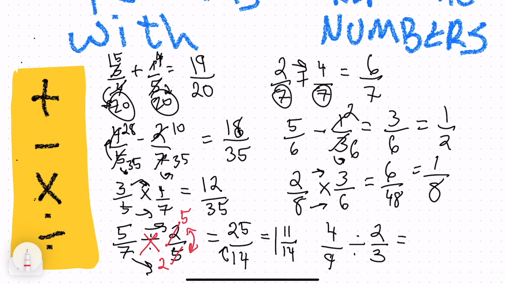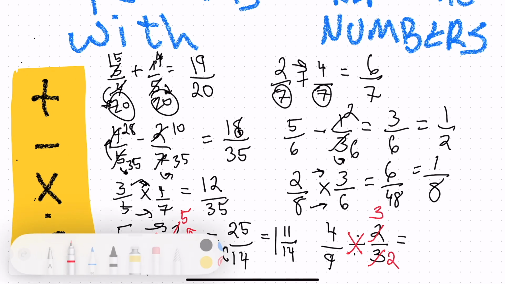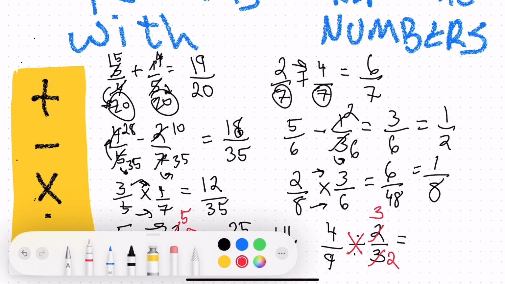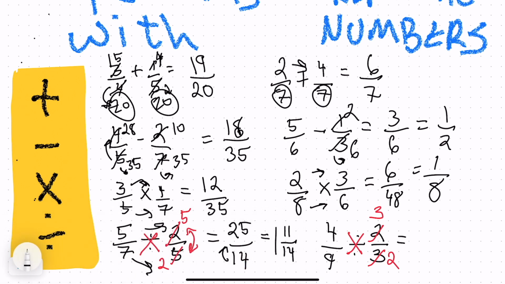All right, so just like in the first problem, my first step is going to scratch out that division problem and make it a multiplication problem, and then I'm going to flip the second fraction. Now we have 3 halves, and all I have to do to solve this is simply multiply 4 by 3, which is 12, and 9 by 2, which is 18.